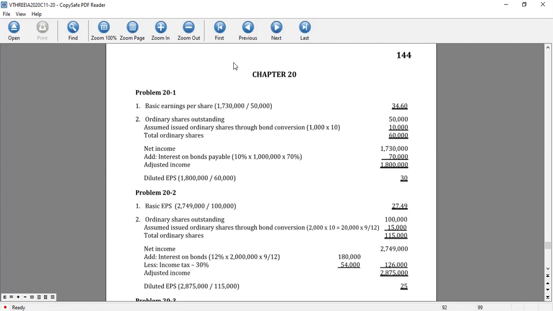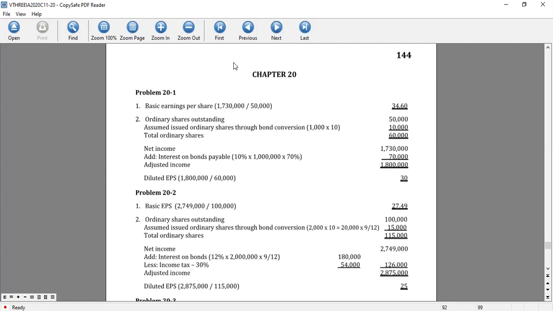Diluted earnings per share. The computation of the diluted earnings per share is based on the as-if scenario. As if the convertible bonds payable are converted into ordinary shares. As if the convertible preference shares are converted into ordinary shares.